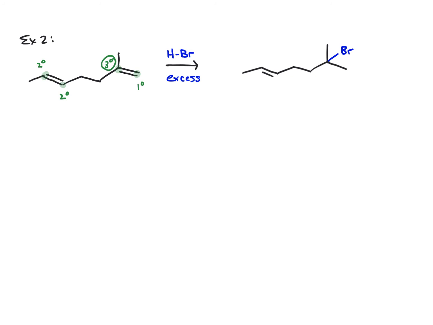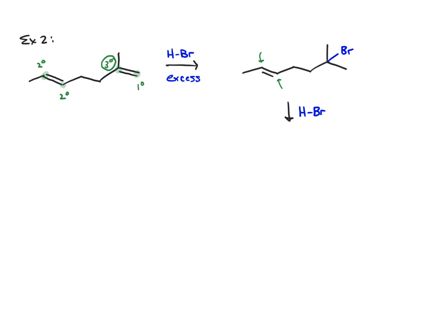Okay, but now we still have HBr floating around that can react with the second double bond. And it will. But in this case, you're not going to get any selectivity at one side of the double bond over the other, because both have the same substitution. Both would give you a secondary carbocation. So that means we're going to have equal likelihood of reacting at either site.